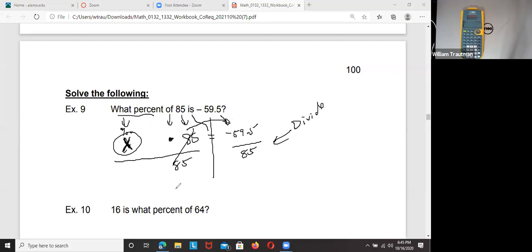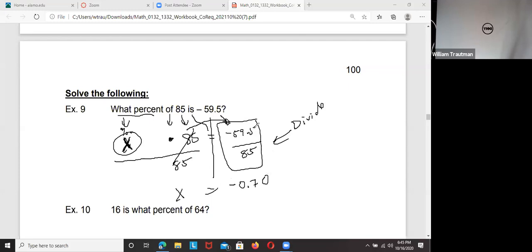85 divided by 85 is 1x. So I have to put this in my calculator. Negative 59.5 divided by 85. And I get negative 0.70.